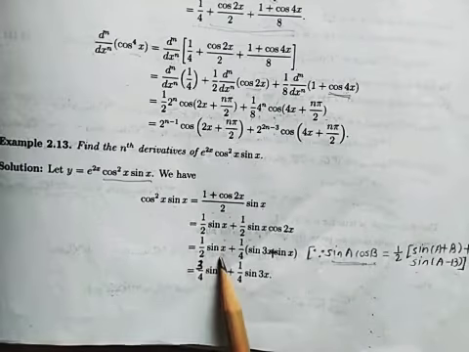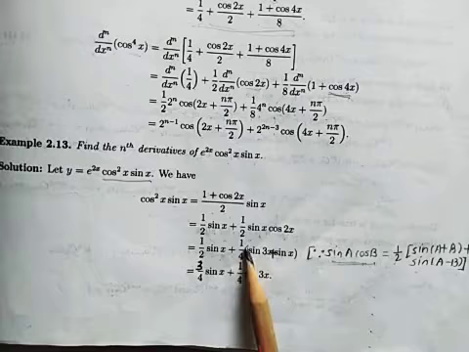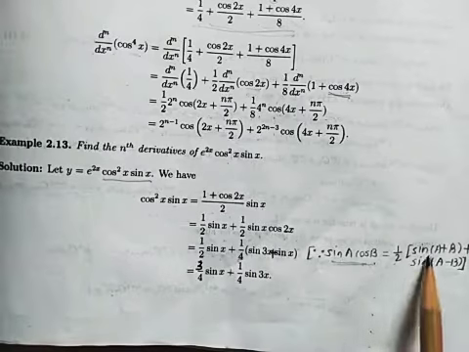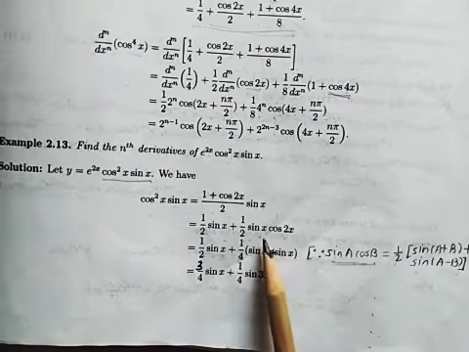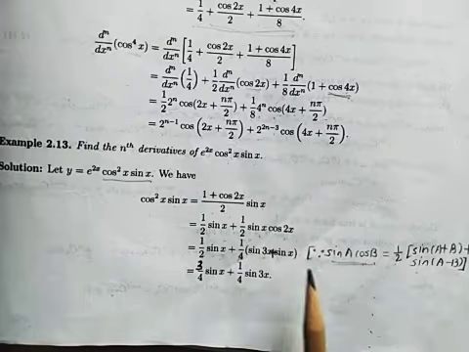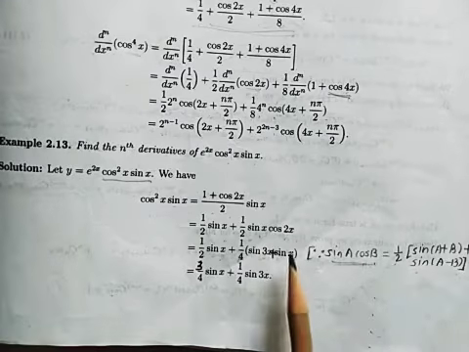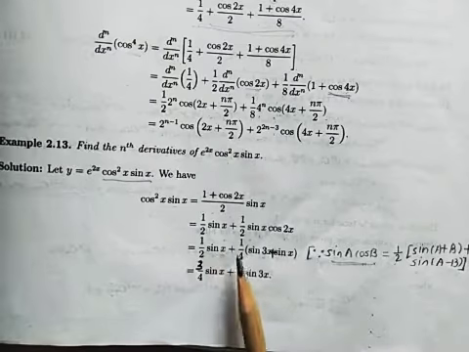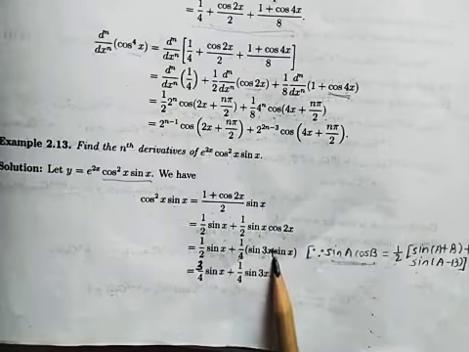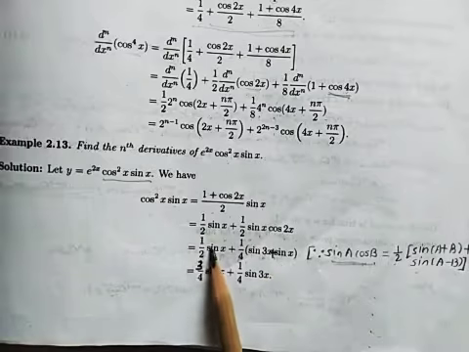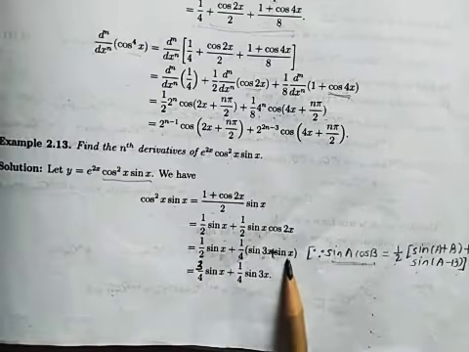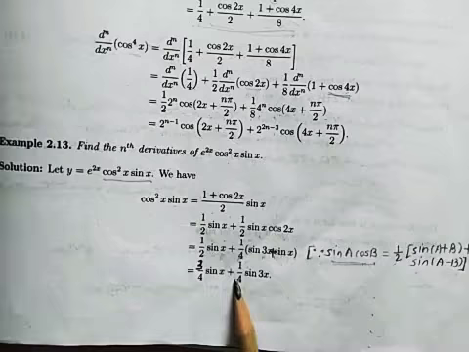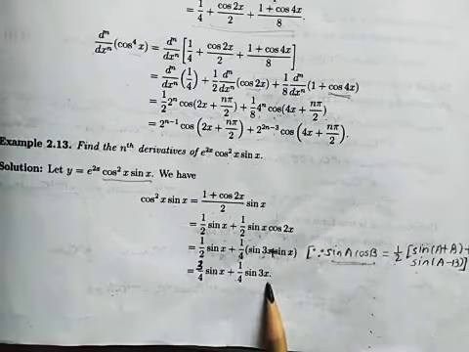So this 1/2 sin x as it is, and this 1/2, so it will be 1 by 4 [sin of (x plus 2x), that is 3x, plus sin of (2x minus x), that is x]. Okay, so we get 1/2 sin x plus 1 by 4 (sin 3x plus sin x). So 1/2 sin x plus 1 by 4 sin x is 3 by 4 sin x plus 1 by 4 sin 3x as it is.